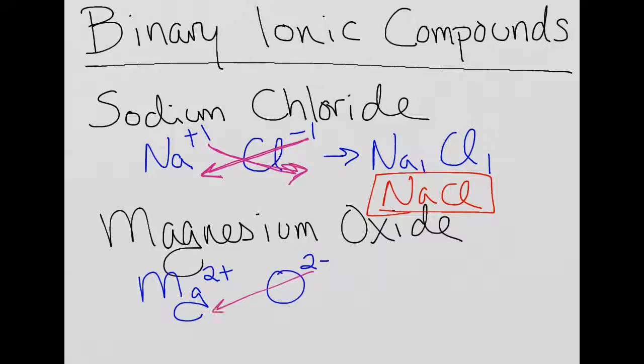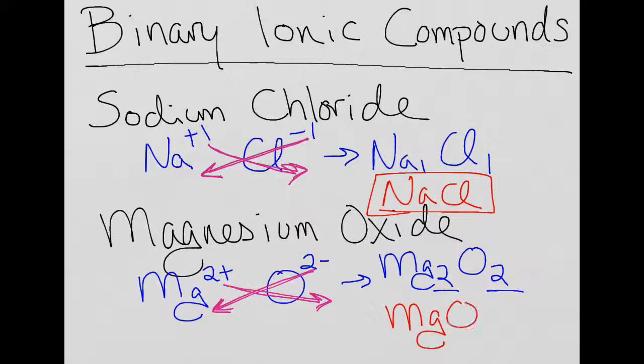And so if I crisscross these, just the values, not the charge, I end up getting Mg2O2, because the 2 from the oxygen goes to the magnesium, the 2 from the magnesium goes to the oxygen. But in this case, I can reduce these because they're the same number. I can reduce those because they're in proportion with each other to just MgO, magnesium oxide.